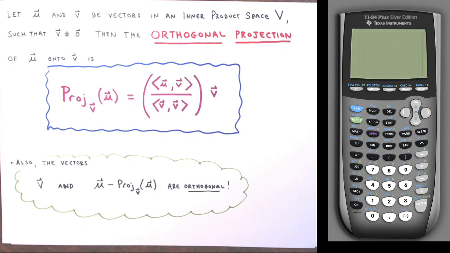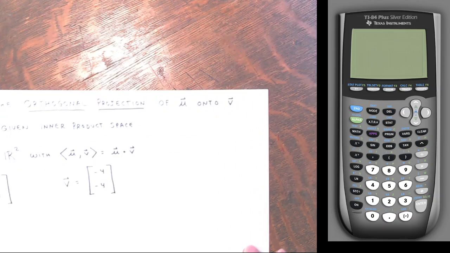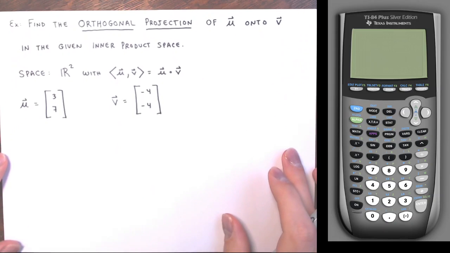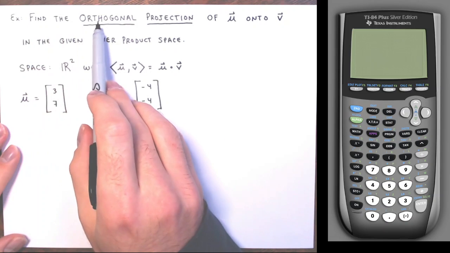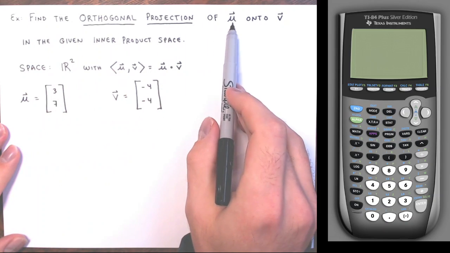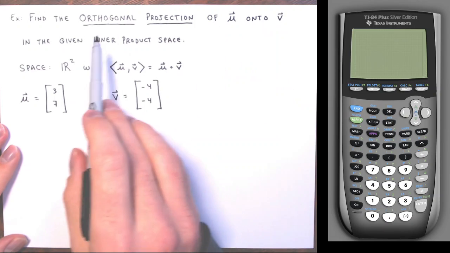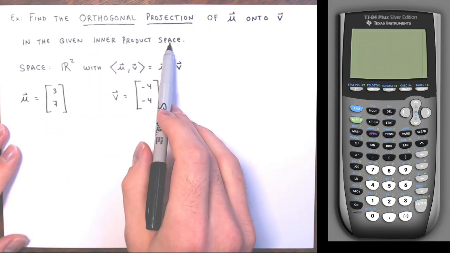Okay, so now for some examples. I'm going to start off with a Euclidean space and the dot product, just to ease our way into this. For every example for the rest of the video, I'm going to be finding the orthogonal projection of vector u onto vector v in the given inner product space.